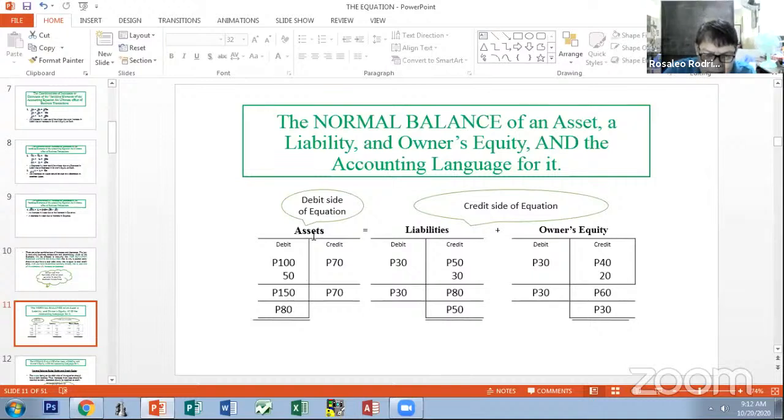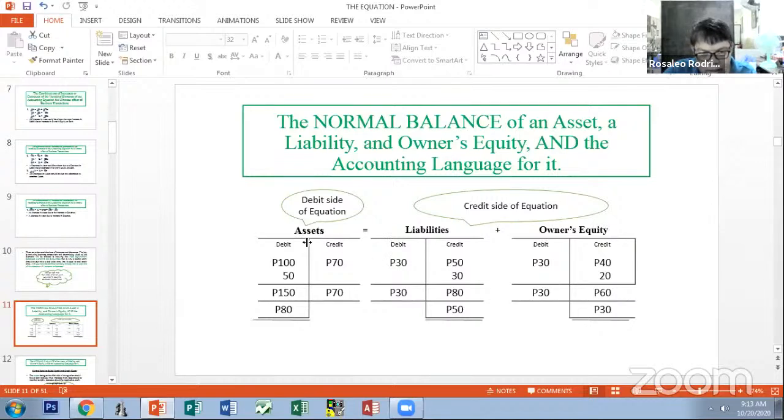So an asset, in the summarization process of this transaction, the data taken from the transaction, as we already learned, affects the variables, whether it will increase or decrease these variables, these elements.